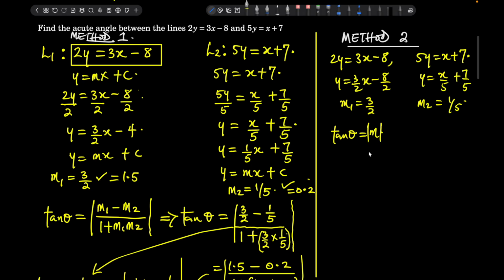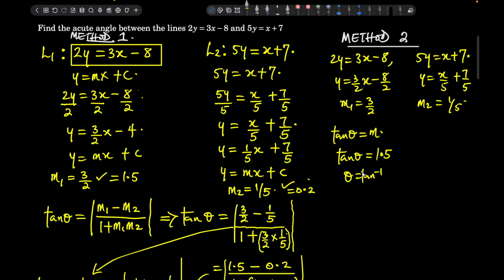We'll just be using m directly. So I'm going to take off the absolute value. Our tan theta for the first line is equal to 3 over 2, which is 1.5. So theta is equal to arctan 1.5.